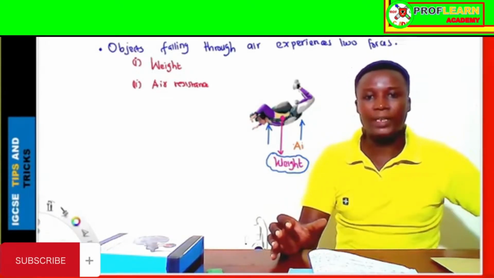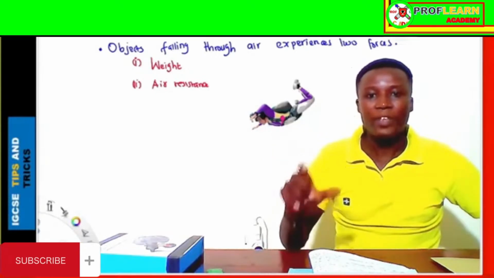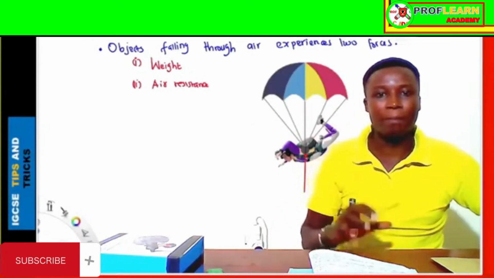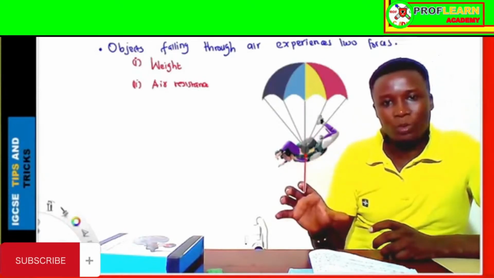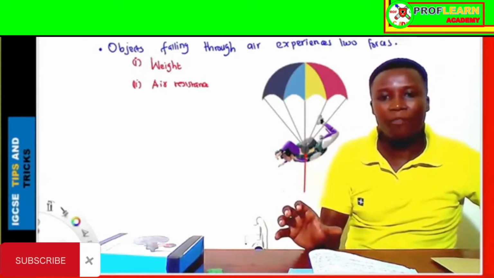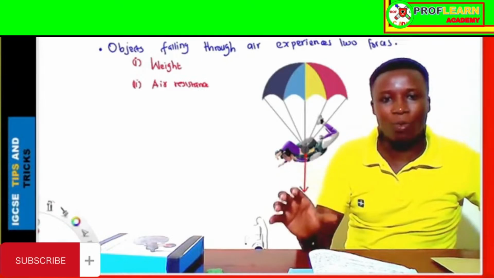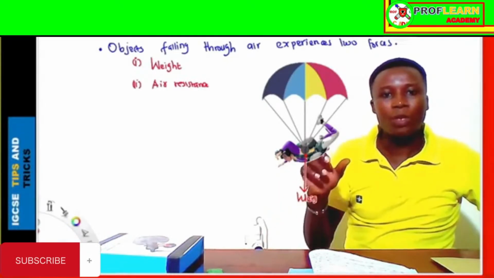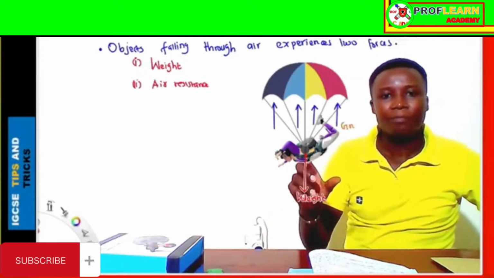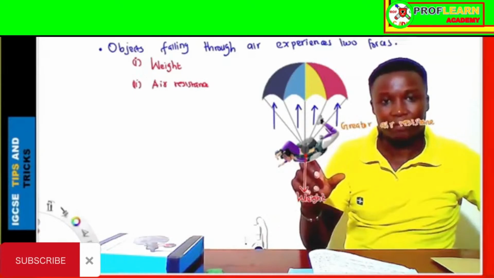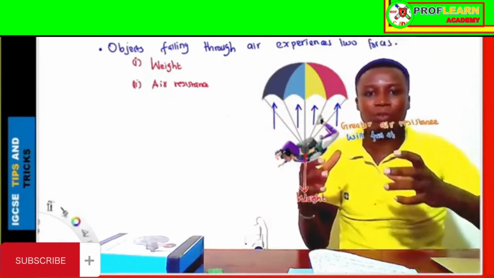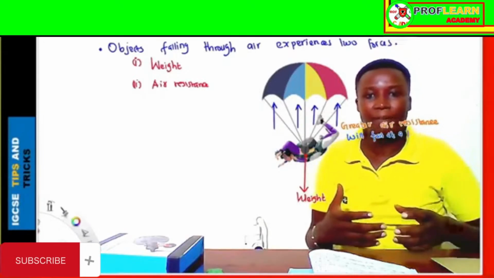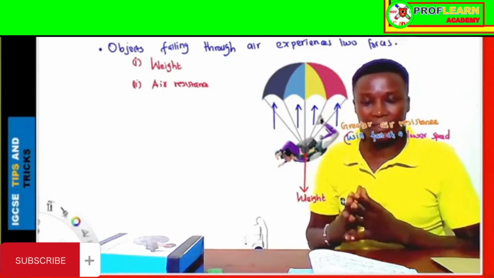Now we need to look at a case whereby this parachutist opens a parachute. When this parachutist opens a parachute, we still have the weight acting downward, but we are going to have a larger air resistance. Because there is a large surface area here, this person is going to experience a larger air resistance.